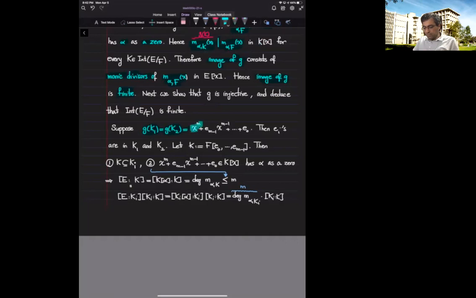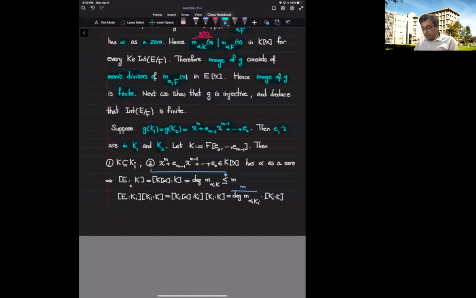So it's x to the power m plus e sub m minus 1 x to the power m minus 1, and so on. Remember, G of K1 is the minimal polynomial of alpha over K1, and G of K2 is the minimal polynomial of alpha over K2. So this means these coefficients, the e sub i's, belong to both K1 and K2.